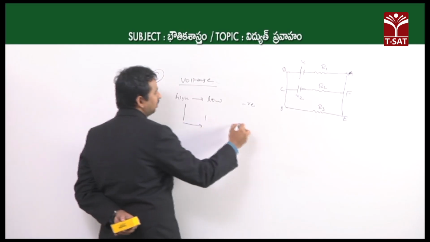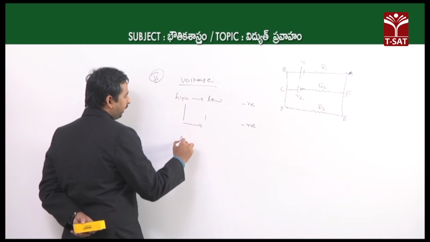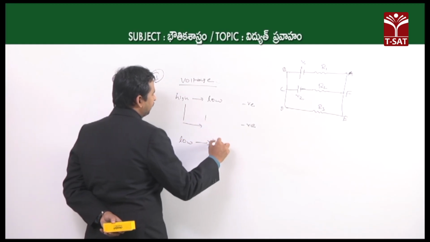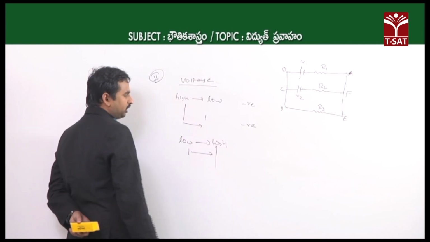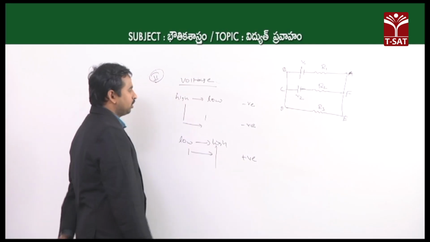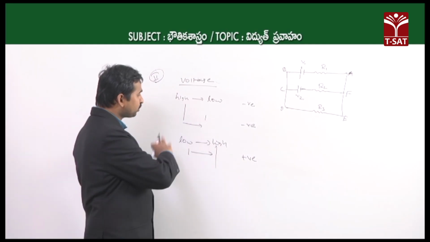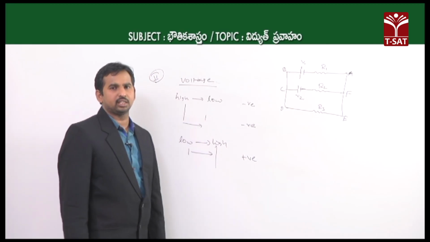In this case you have to take that as negative. If you are going from low to high, that is, from negative terminal towards a positive terminal, in this case we have to take the difference in potential as positive. Okay. Plus to minus we are taking that as negative, and minus to plus we are taking that as positive.